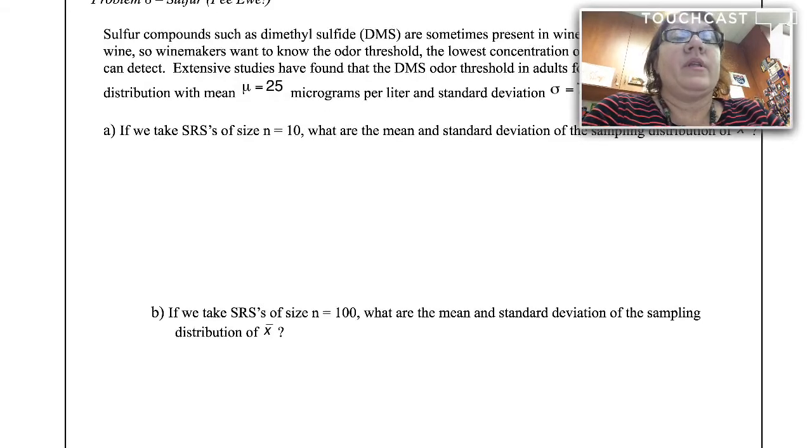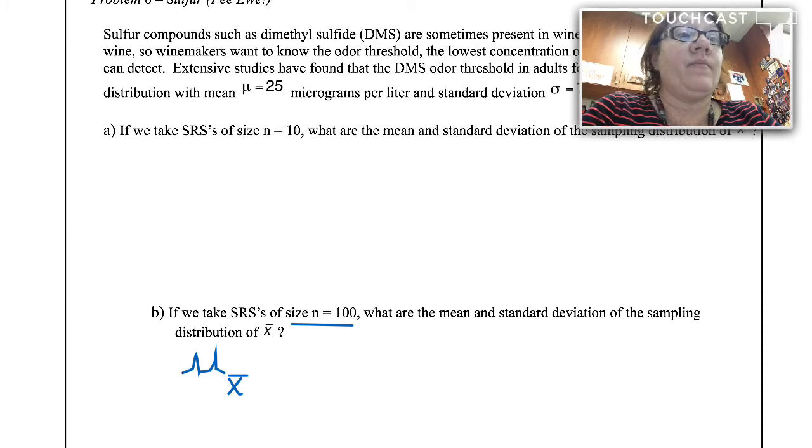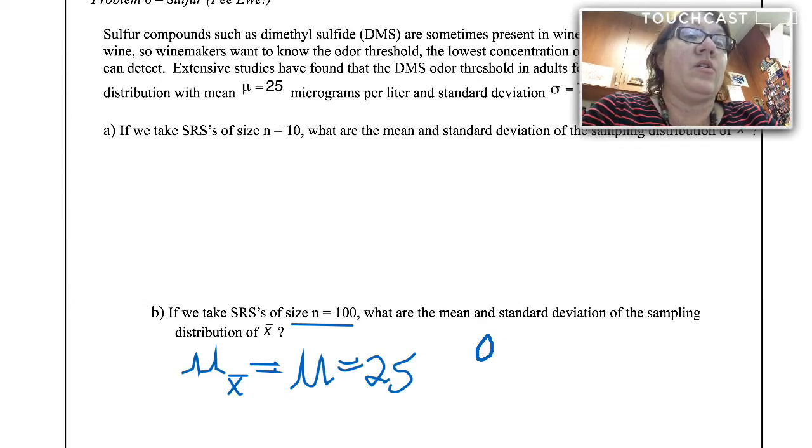And now when we look at this next one, we notice, hey, the sample size has changed. So when I look for the mean and standard deviation, of course the mean doesn't change. It's still equal to mu, which means it's 25. But the standard deviation now has changed because I've messed with the sample size.